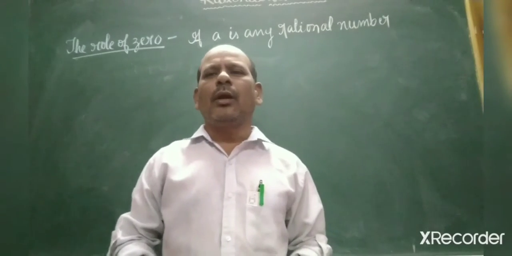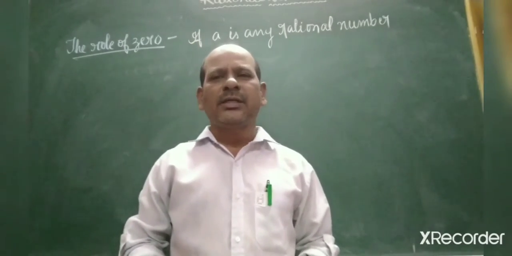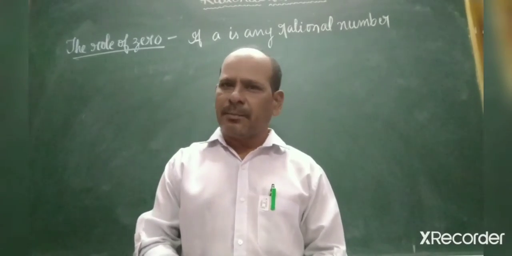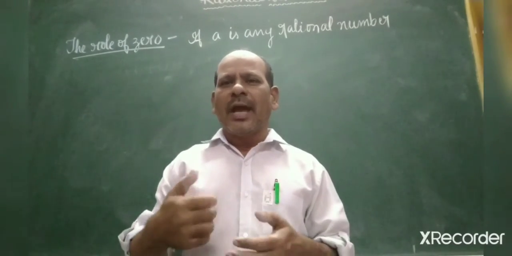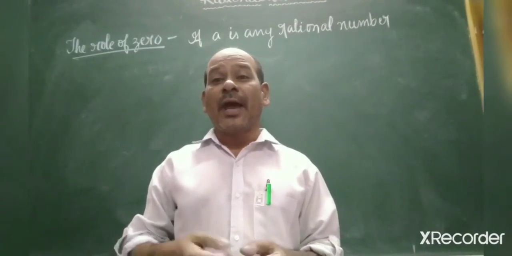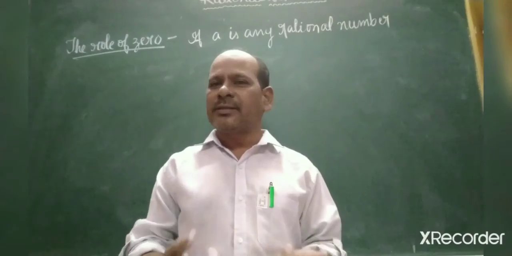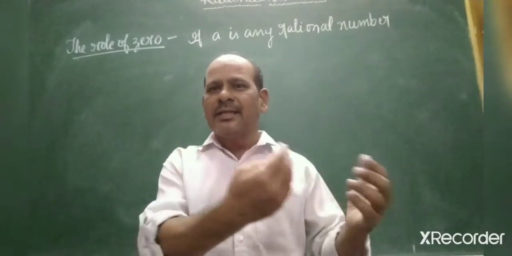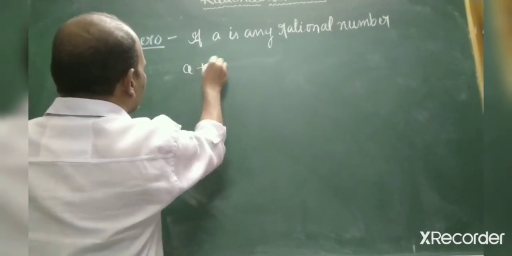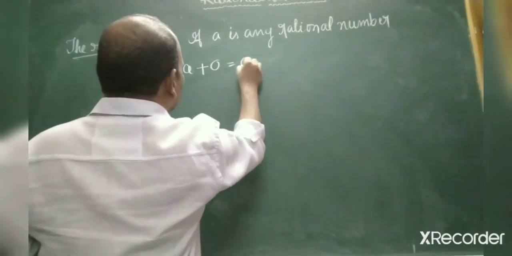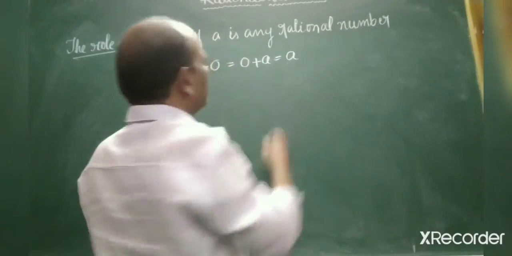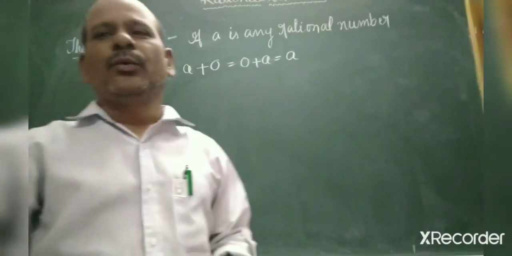Now, role of 0. What is the role of 0 in rational numbers? If A is any rational number, you add A to 0. What will happen? The answer is A. If you add 0 to A, the answer is again A. This is called additive identity.